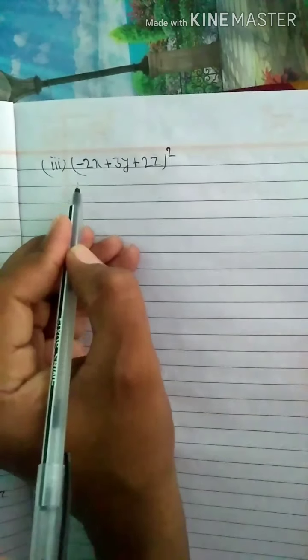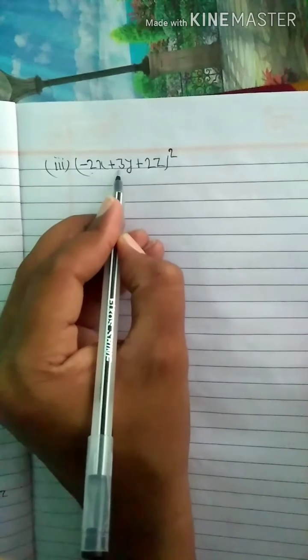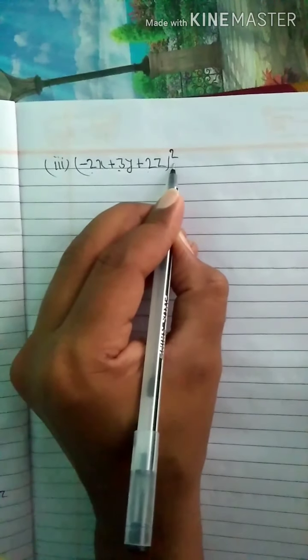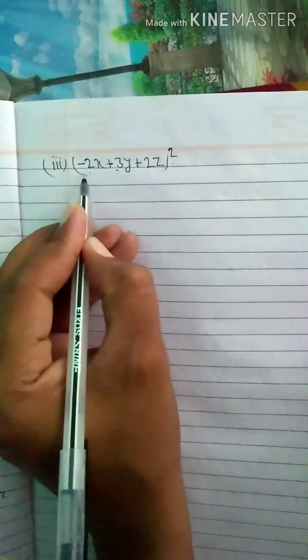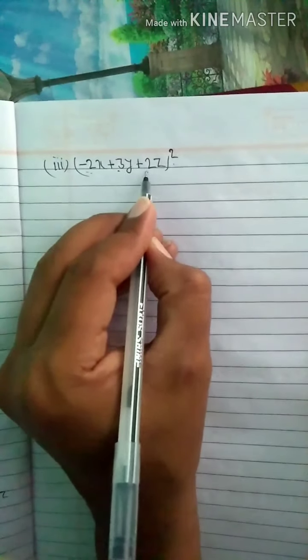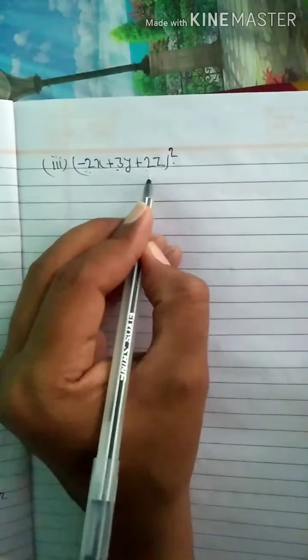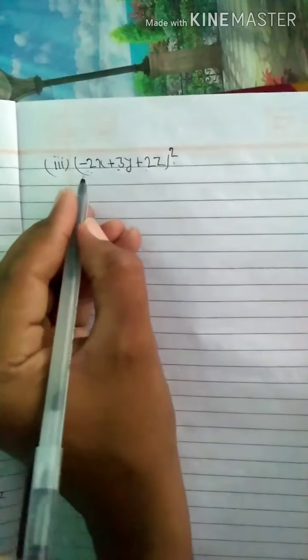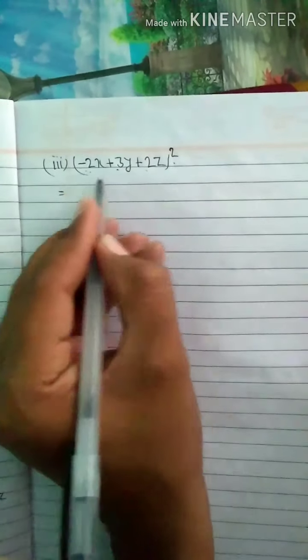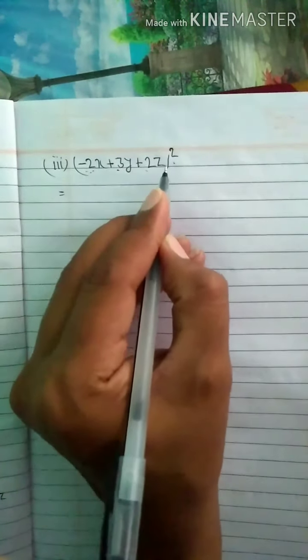Now see the third part. Here is (−2x + 3y + 2z) whole to the power 2, and now see this is in the form of (−a + b + c) whole to the power 2. So now here similarly we can express it in the form of (a + b + c) whole square.